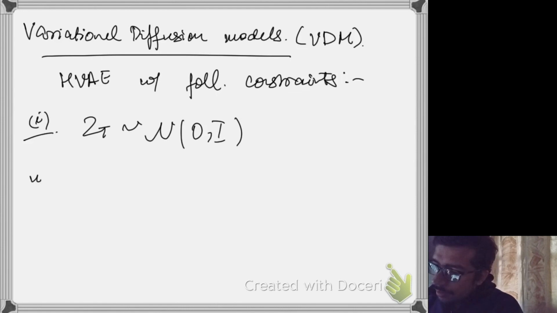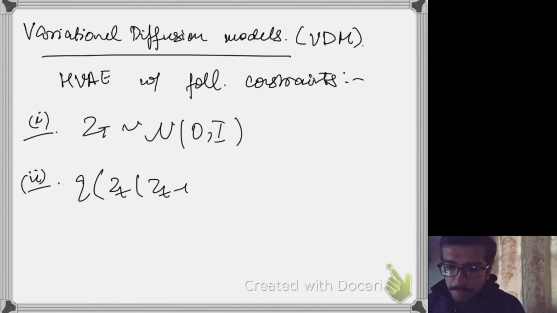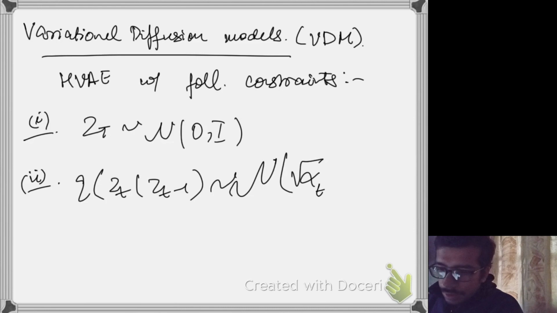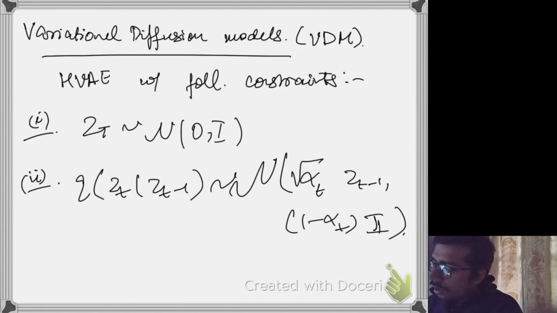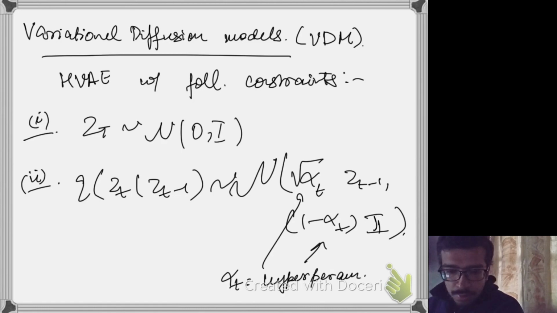But then we also have that the posterior distribution q(z_t | z_{t-1}) is normally distributed with mean root alpha_t z_{t-1} and covariance (1 - alpha_t) times identity. Here alpha_t is my hyperparameter.